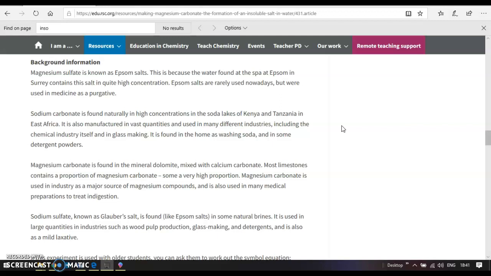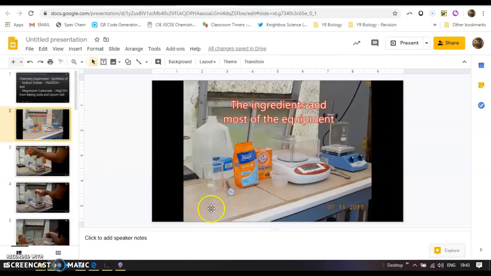You also use it in glass as well. There's some extra information about magnesium carbonate and sodium sulfate that I've left on the screen for you. So you can see the Epsom salt just located there, and you've also got that baking soda. That looks like washing soda actually, but baking soda is fine.